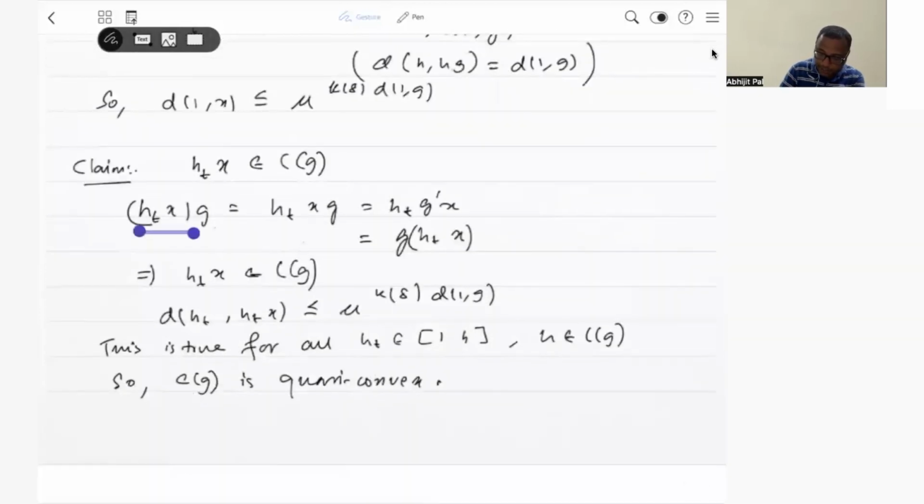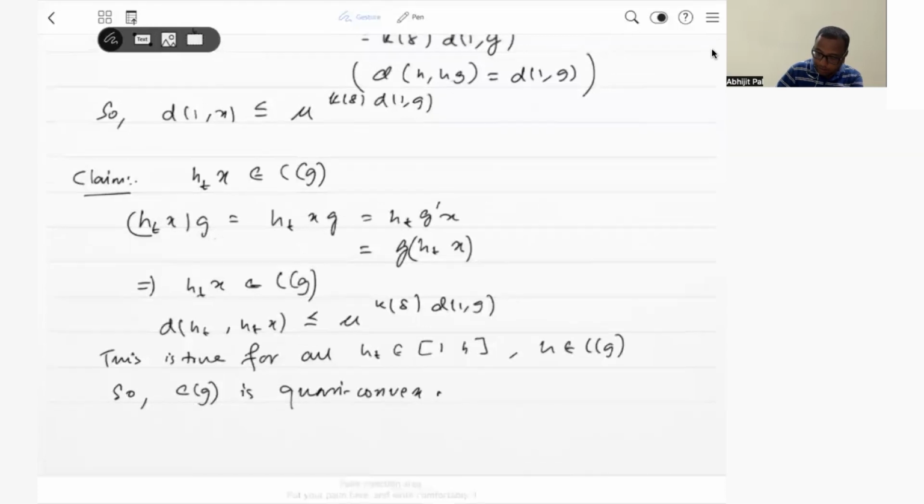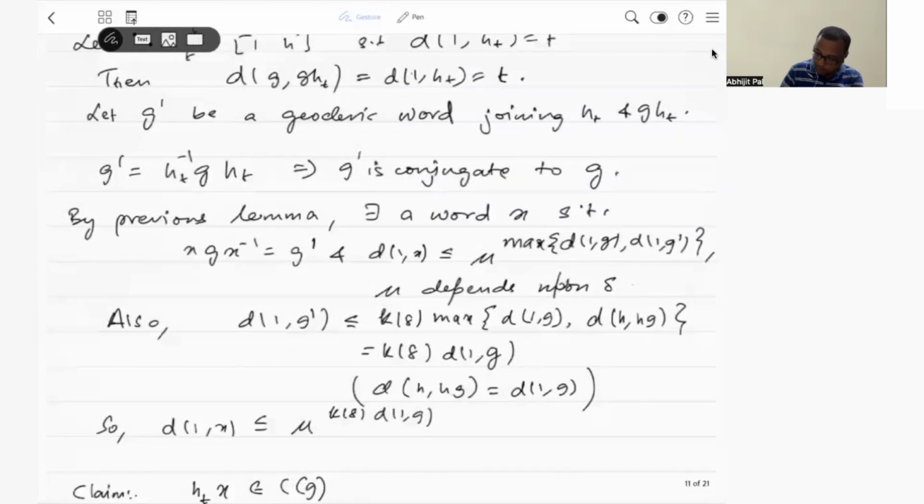So the claim is h_t x belongs to the centralizer of the element g. So h_t x g is equal to h_t g' x, because x g is equal to g' x from here.